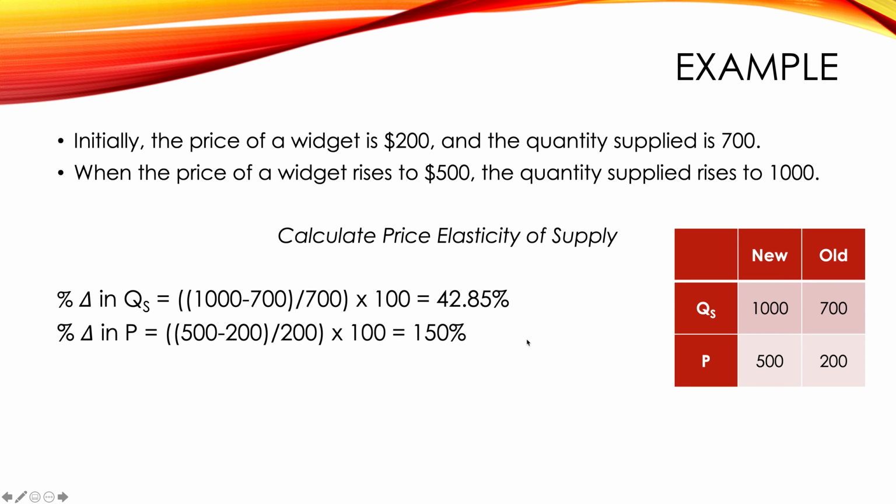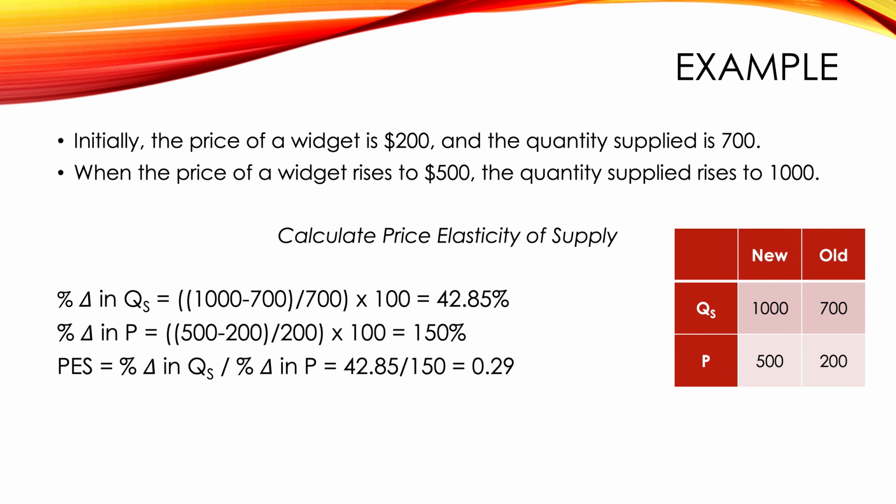Once we have these values, all we need to do is plug stuff in. Price elasticity of supply is equal to the percentage change in quantity divided by the percentage change in price. So we take 42.85 divided by 150, and that gives us a price elasticity of supply of 0.29. And that's how you find your answer.